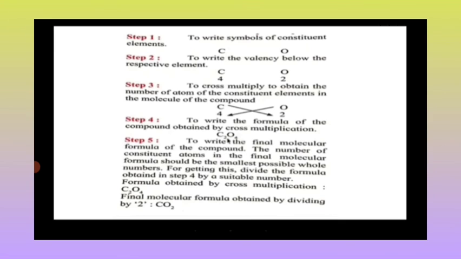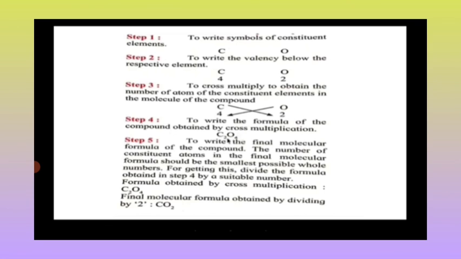Then we write the valency of the elements. Valency of carbon is 4 and valency of oxygen is 2. When we cross multiply, we have C2O4. So we get the formula C2O4. Now these numbers have to be in their lowest form. We cannot write 2 and 4 because we can reduce these numbers further.